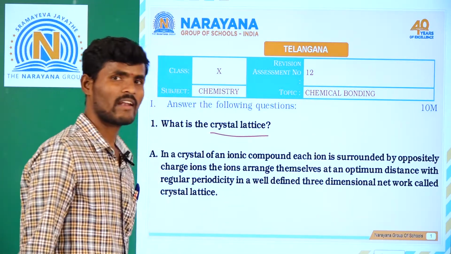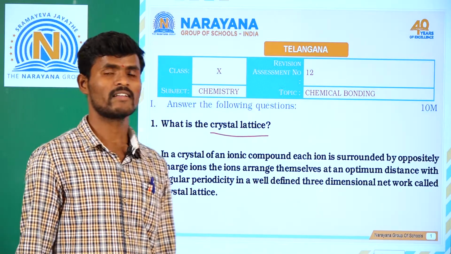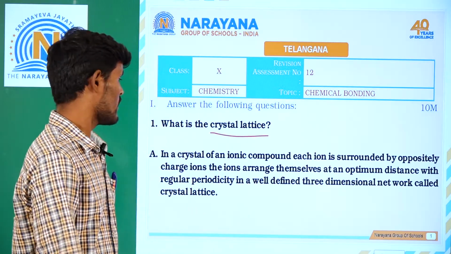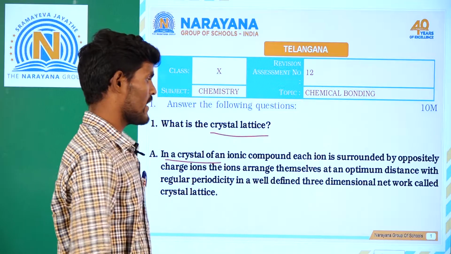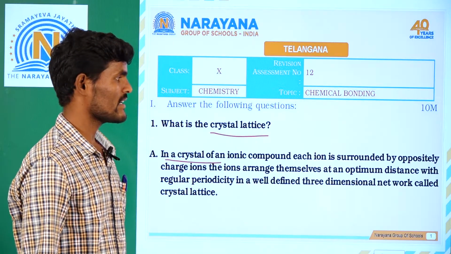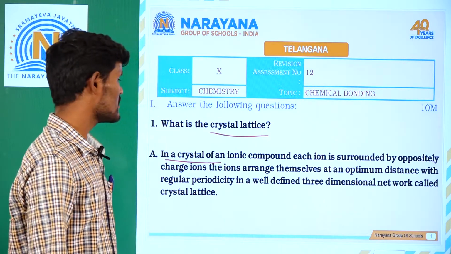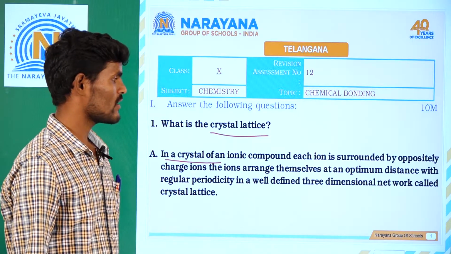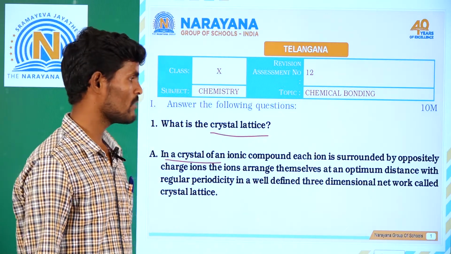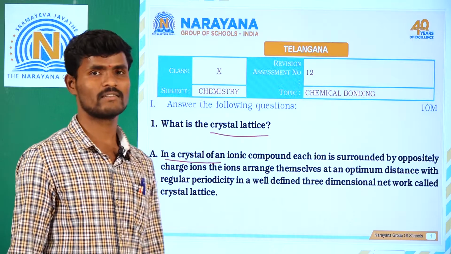What is crystal lattice? In a crystal of an ionic compound, each ion is surrounded by oppositely charged ions. The ions arrange themselves at an optimum distance with regular periodicity.